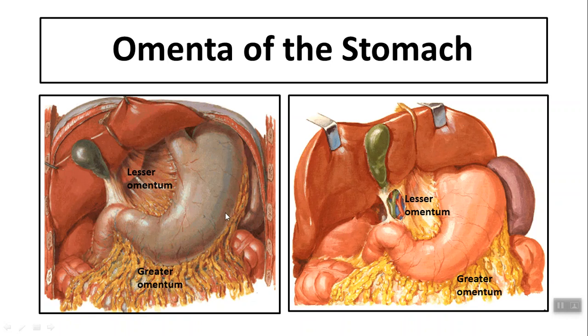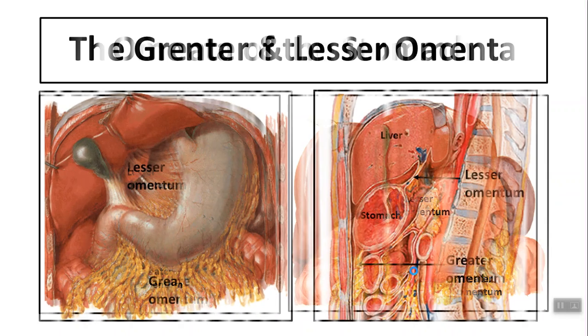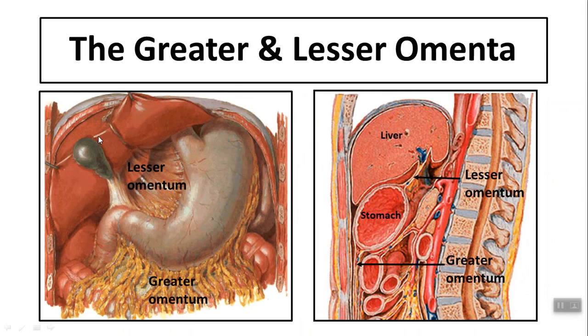The layer also extends from the greater curvature to pass to the spleen as the gastrosplenic ligament and to pass down as the greater omentum. This is the lesser omentum extending from the lesser curvature to the liver, and this is the greater omentum passing from the stomach down and ascending up to be attached to the transverse colon.